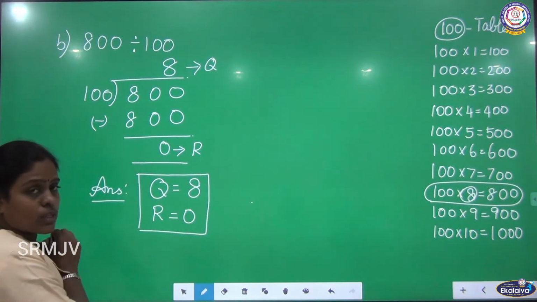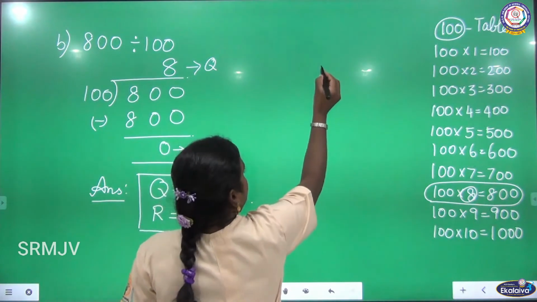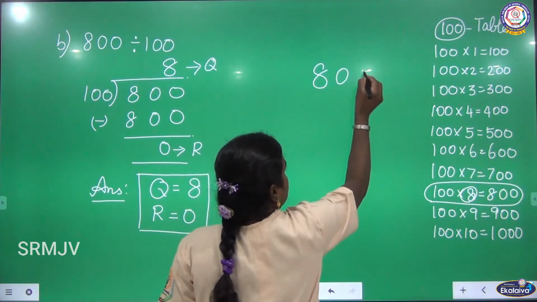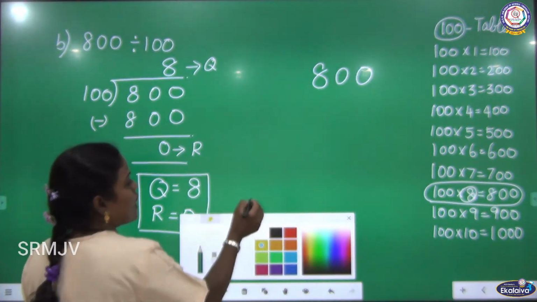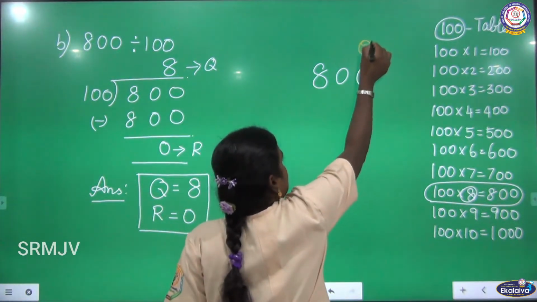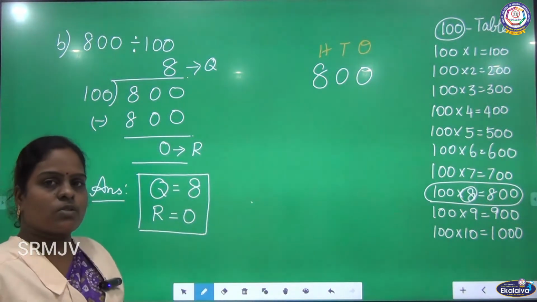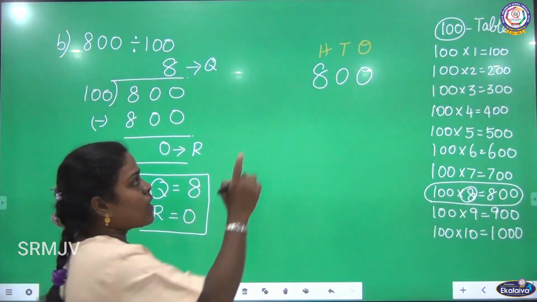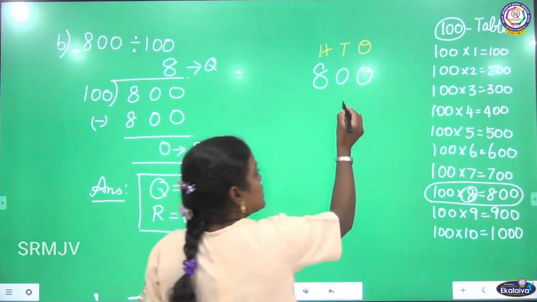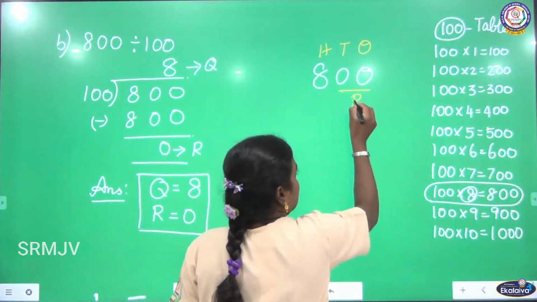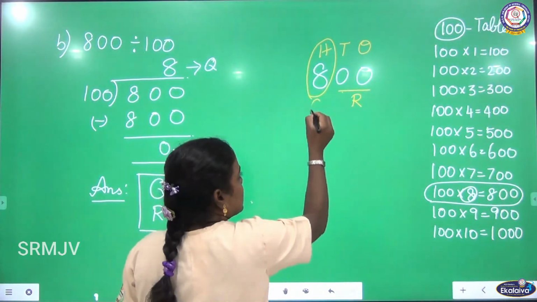Now we are going to do the same sum in the shortcut method. Write down the number 800 and now we are going to write down the place values. Ones, tens and 100. These are the place values. So as I told you, the numbers which are in ones and tens place are the remainder and the rest of the digits are the quotient.